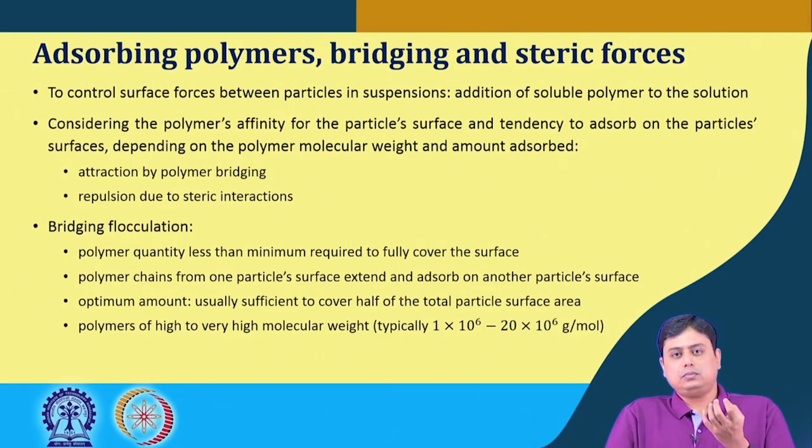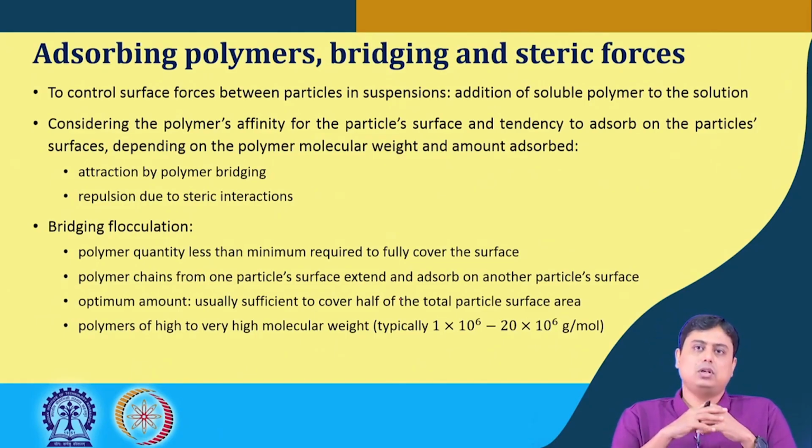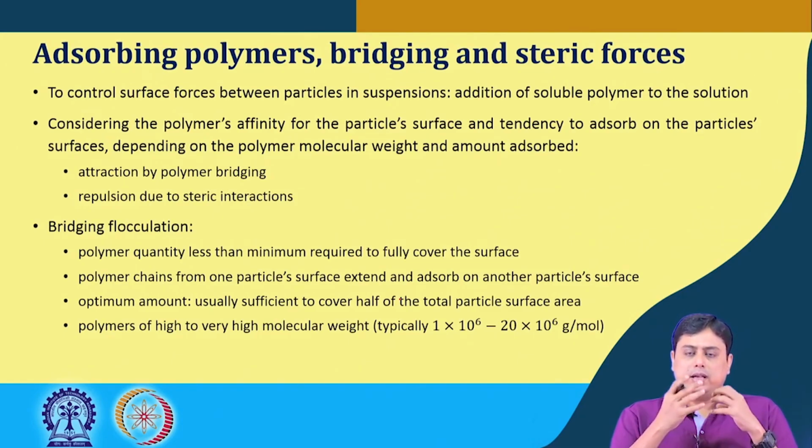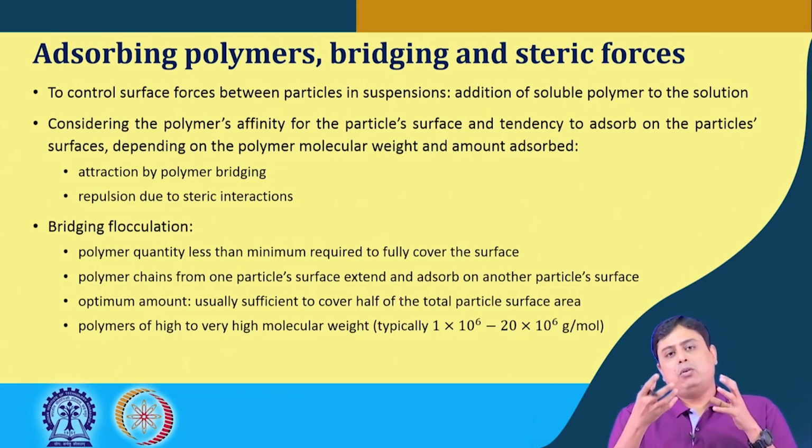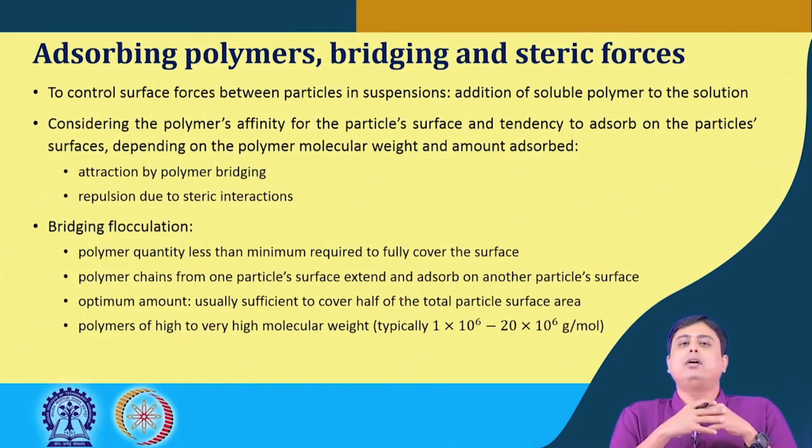So, when we try to control the surface force, we can also add some soluble polymers to the solution. If the polymer has affinity towards the particle's surface and adsorbs on it, then depending on the amount adsorbed and the polymer's molecular weight, we can have an attractive or a repulsive force between the particles.